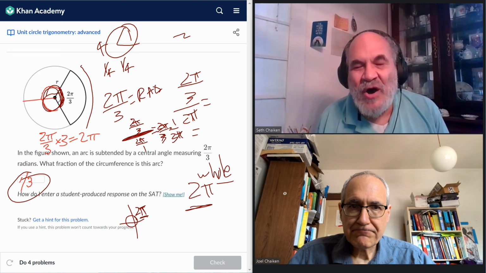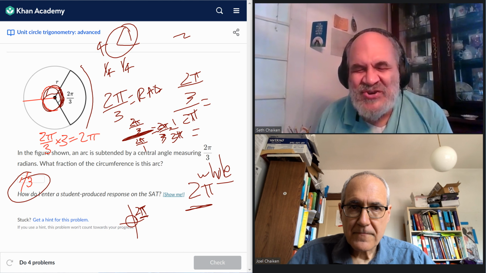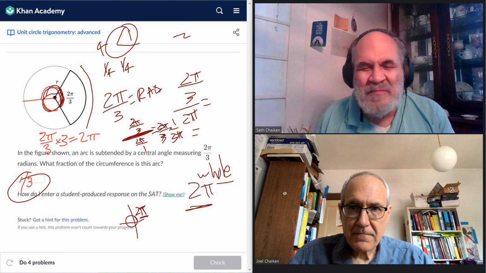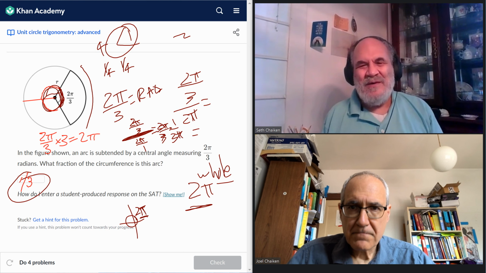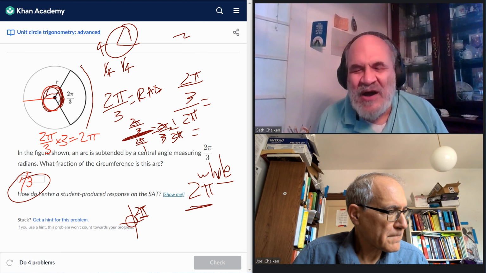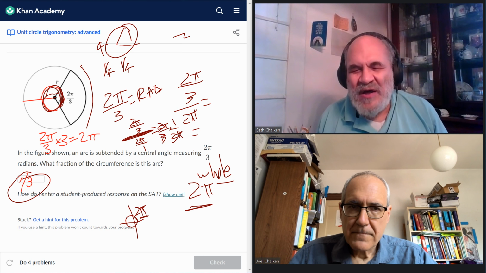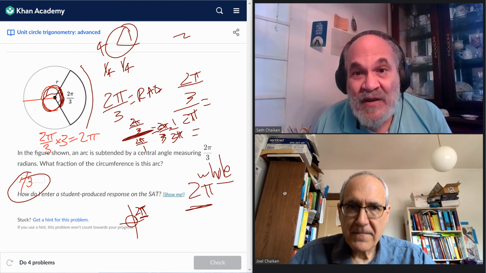So the big picture is that the angle measure and the circumference subtended by it are proportional. So 1/3 of one is 1/3 of the other, or 3 times one figure is 3 times the other.